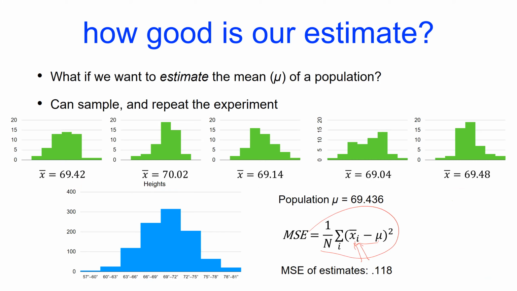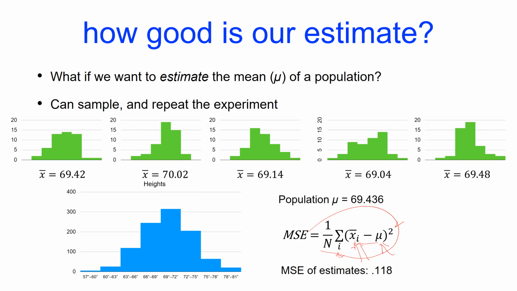Since we do not care about the sign, only the magnitude, I take a square. Then I add everything up, where xi is the i-th subgroup average, and mu is your population average, the ground truth.